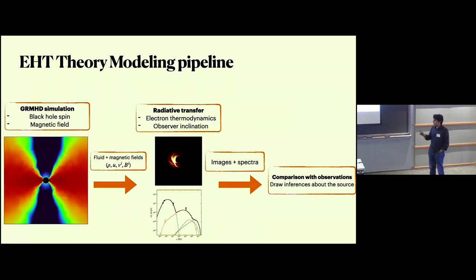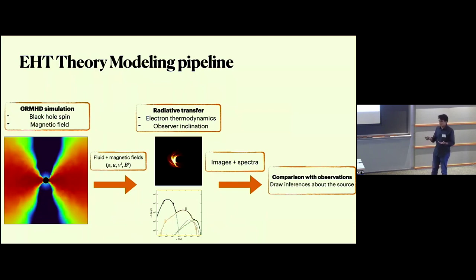These are assumptions that you make. And then for sources such as Sagittarius A star, where you don't have a handle on the inclination at which you're observing, that is also an input parameter. So with all these input parameters, you get a whole library of images and spectra, and then you compare this with the observations and you draw inferences about the source.